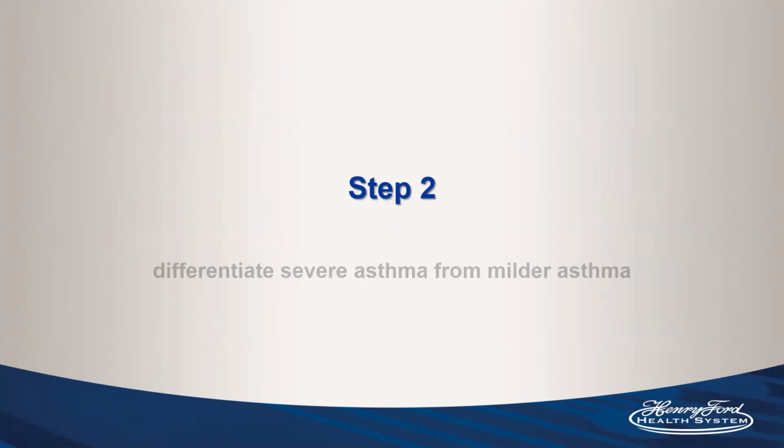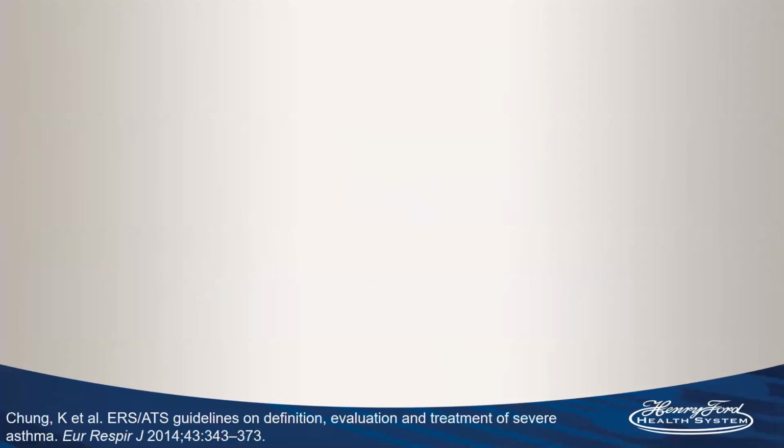So after you think, okay, I have this patient who has super severe asthma, they're actually really asthma, it's not something else, then your next step is going to be, how do you tease out and differentiate a severe asthma from a milder asthma? So you have to have certain criteria in your mind.